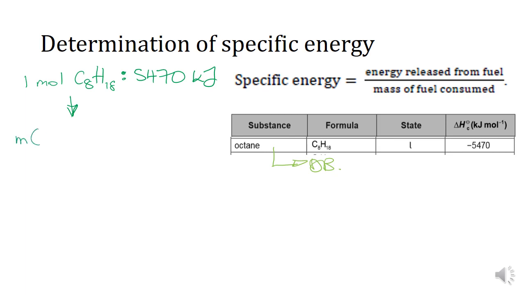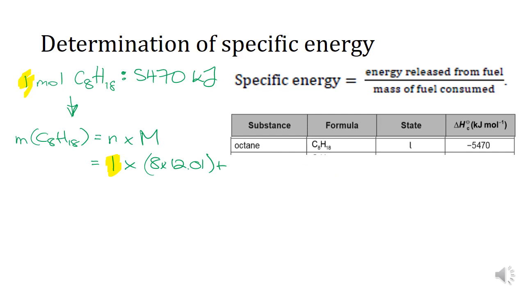The mass of C8H18 is equal to moles times molar mass, and I'm saying for 1 mole. So I have 1 mole times 8 times 12.01 plus 18 times 1.01.